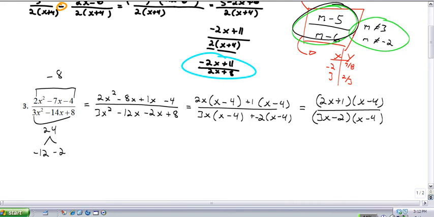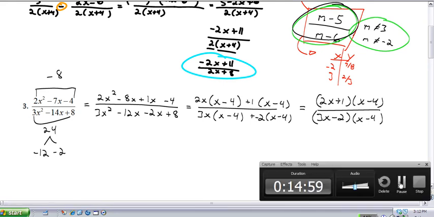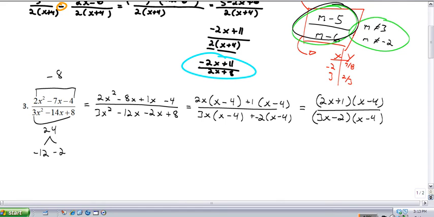Okay, so we've factored the numerator and we have factored the denominator. We're looking for things to cancel. As it sits right now, this guy in blue is totally equivalent to this guy in blue. Okay, we're going to do a little canceling out. So I'm going to drop the x minus 4s.